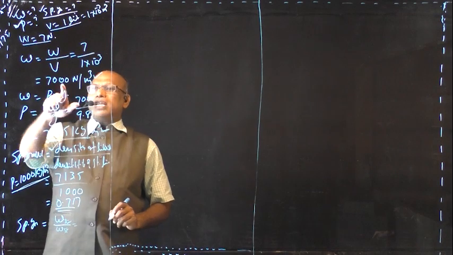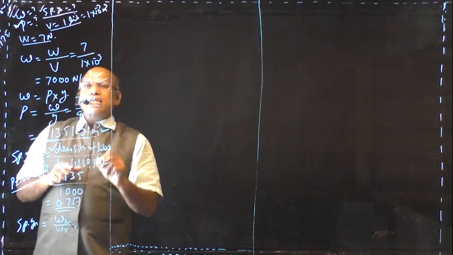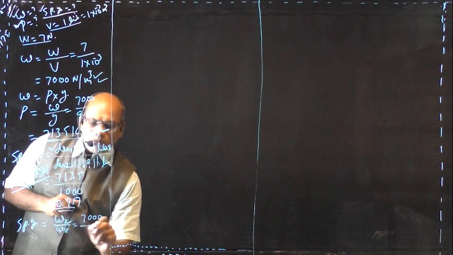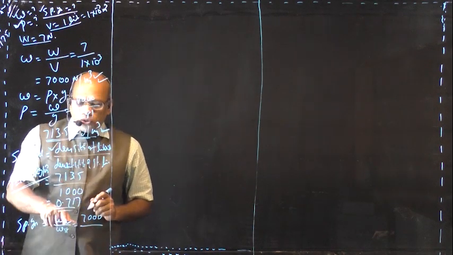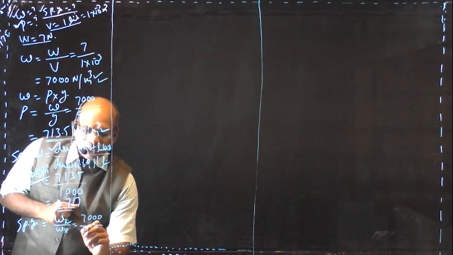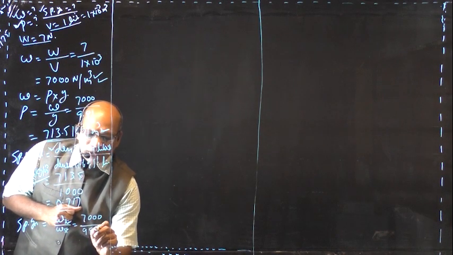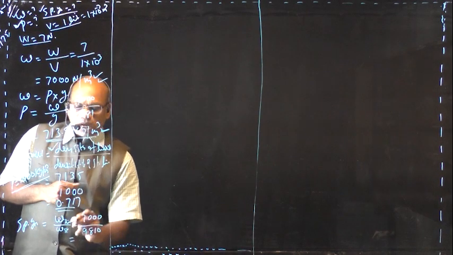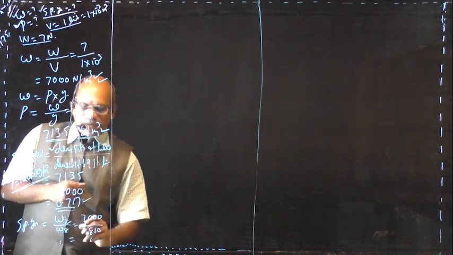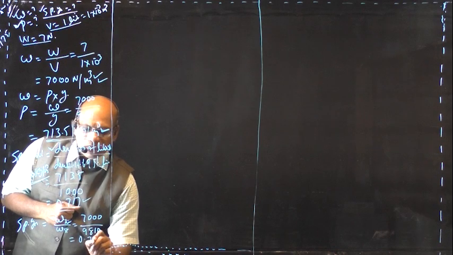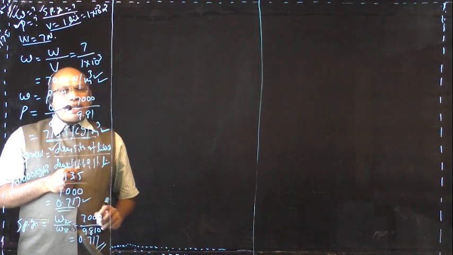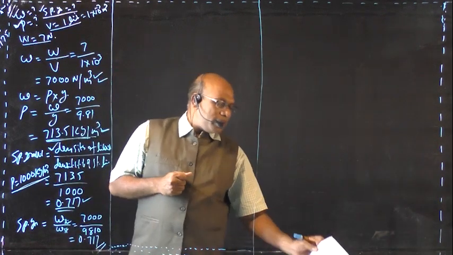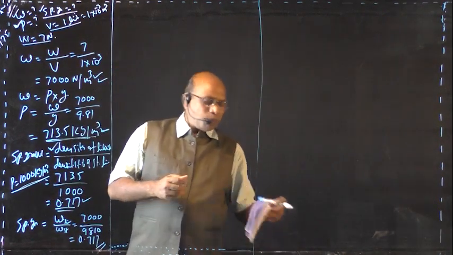Unit weight of liquid we have already determined here, that is 7000 Newton per meter cube, divided by unit weight of standard liquid, that is water, whose unit weight is 9810 Newton per meter cube. Therefore, the specific gravity is also the same value, that is equal to 0.717.